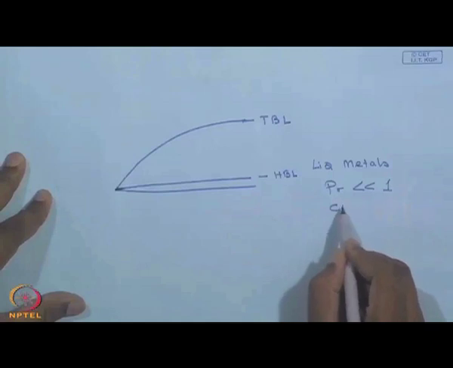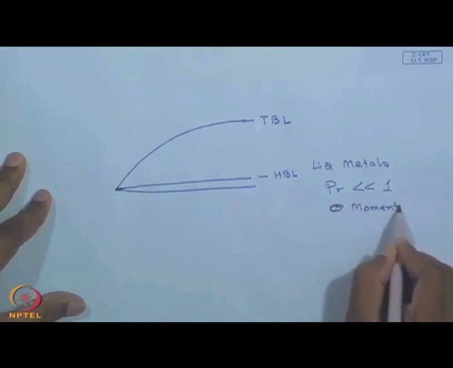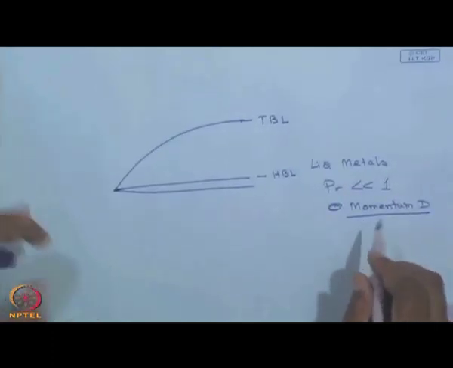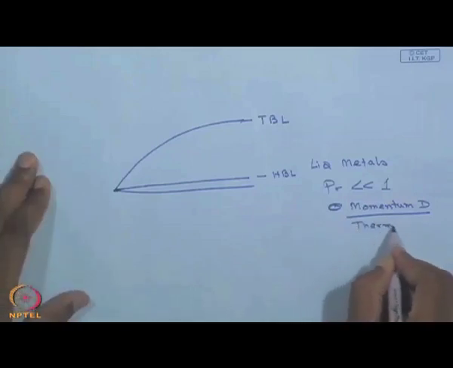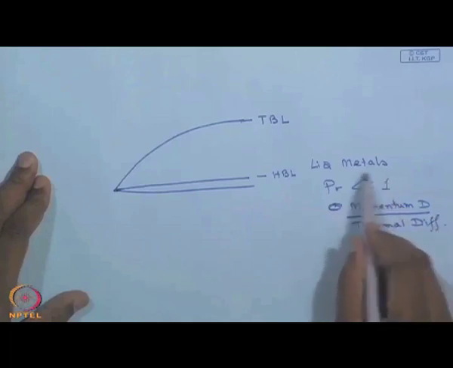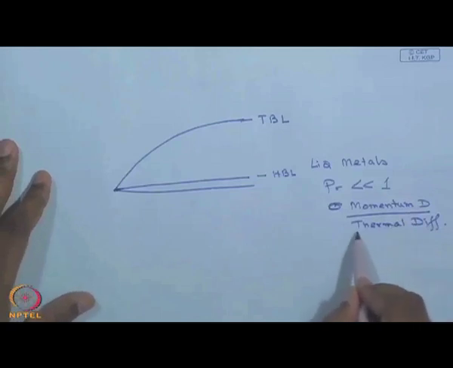Now, Prandtl number is momentum diffusivity divided by thermal diffusivity. So, if the value of Prandtl number is quite small, then it only tells us the value of thermal diffusivity is quite large.